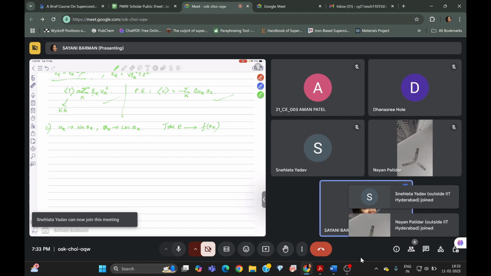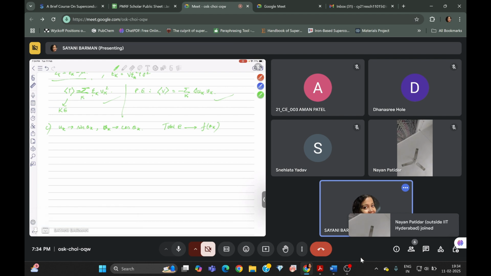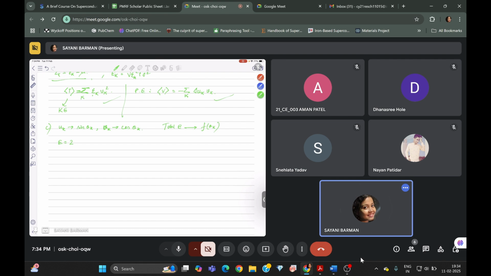So the total energy E equals the kinetic plus the potential energy.